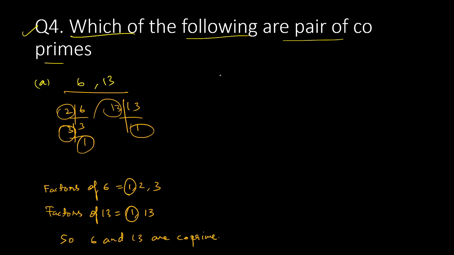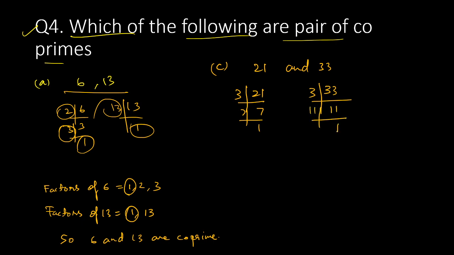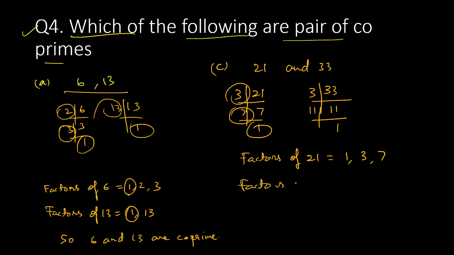Now let me tell you another part, C, 21 and 33. So now find the factors of 21. 3 sevens are 21, 7 ones are 7, and for 33, 3 ones are 3, 3 elevens are 33. So what are the factors? Factors of 21 is equal to 1, 3, 7, and factors of 33 is equal to 1, 3, 11.